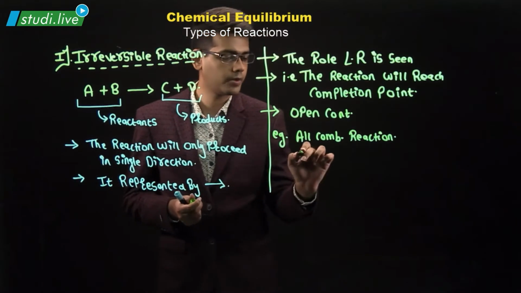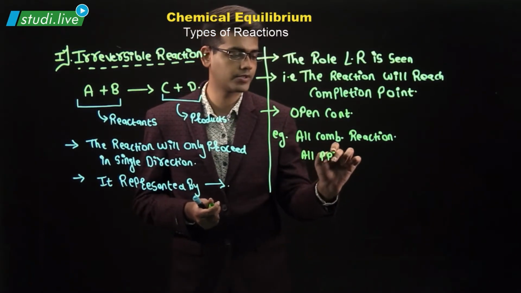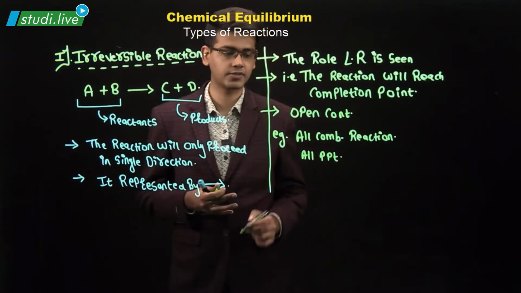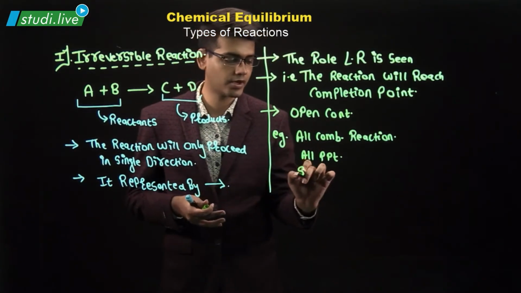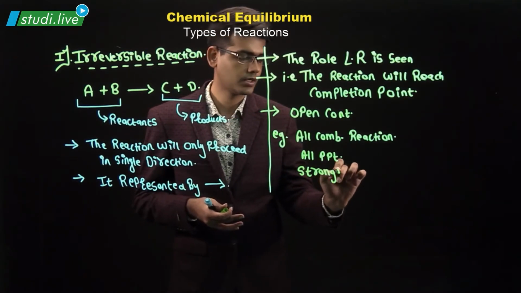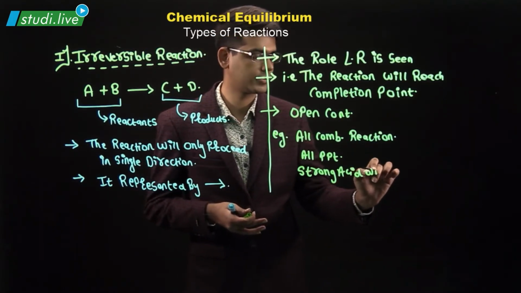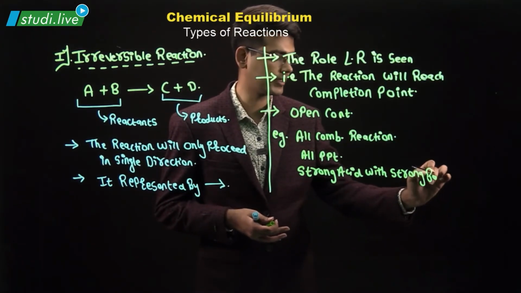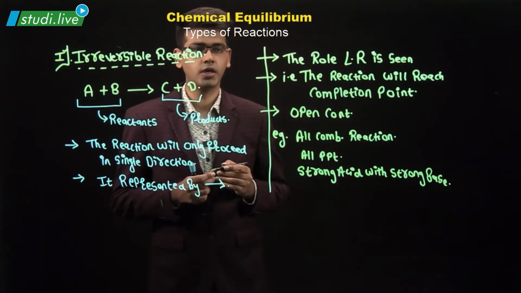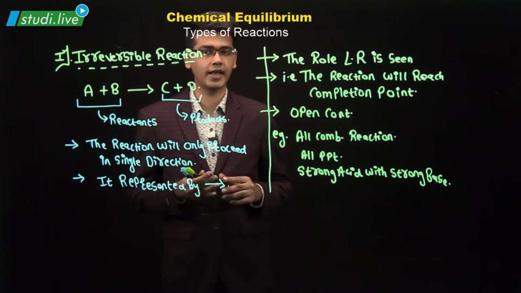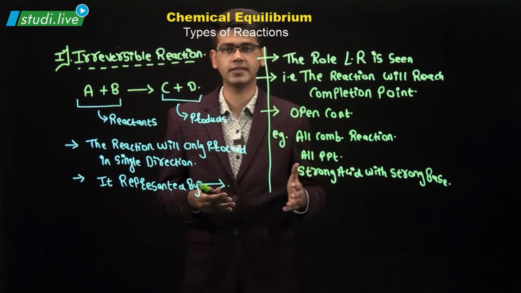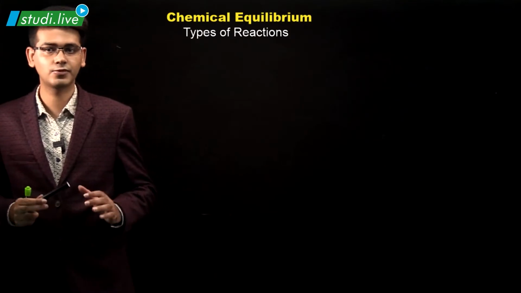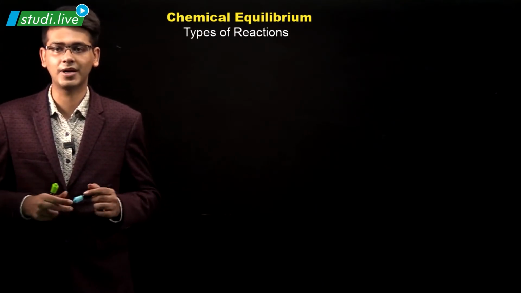Once again, all precipitation reactions where precipitate formation is taking place will also be considered under irreversible reactions, as well as reactions of strong acid with strong base, which are also classified under irreversible reactions. So this was the introduction with respect to the irreversible reaction and some important points, or also you can say the characteristics with respect to irreversible reaction, a second type of reaction which will be studied in greater detail in this particular chapter.